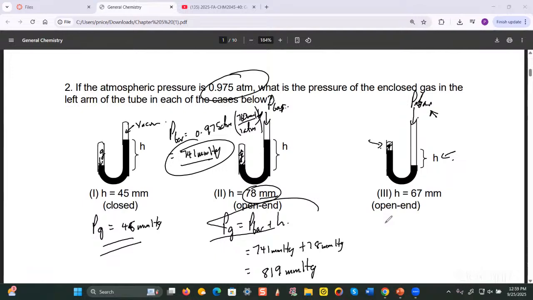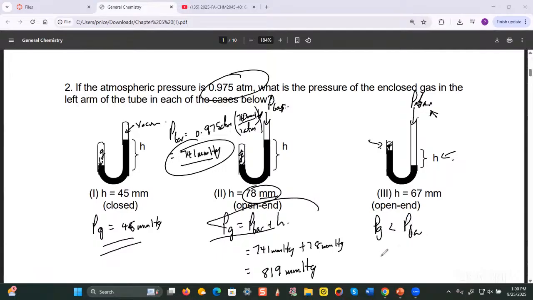And again, remember, the pressure of the gas will be less than the barometric pressure.